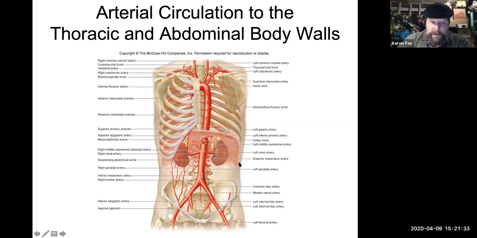Okay. Now, celiac trunk, superior mesenteric, 2 renal arteries. Because we had a superior mesenteric, that implies that we're going to have another version, and that is the one down there, the inferior mesenteric artery. Now here on either side, in between the two mesenteric arteries, we have gonadal arteries.